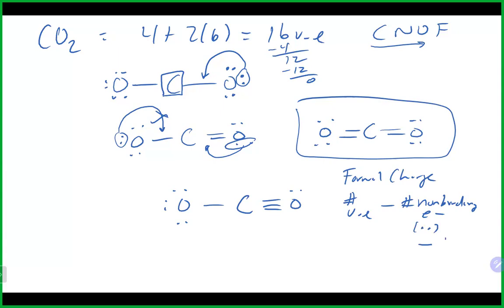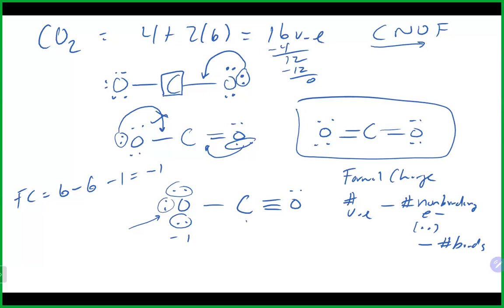And you minus the number of bonds. So for example, if we did it for this oxygen here, the formal charge on that oxygen would be 6 minus 6 non-bonding electrons minus 1 bond, which gives us a -1 charge on that guy. So in this arrangement, that oxygen is carrying a -1 charge.